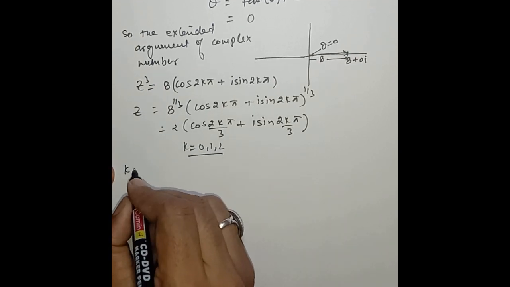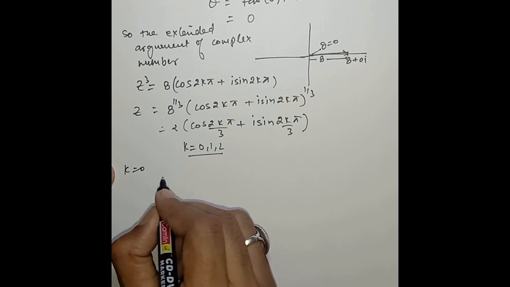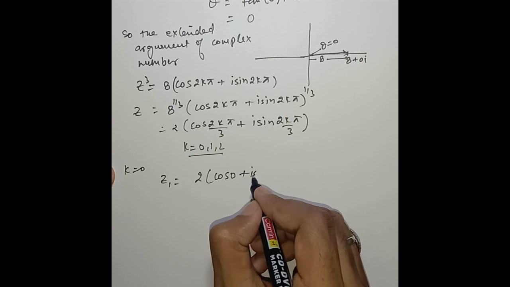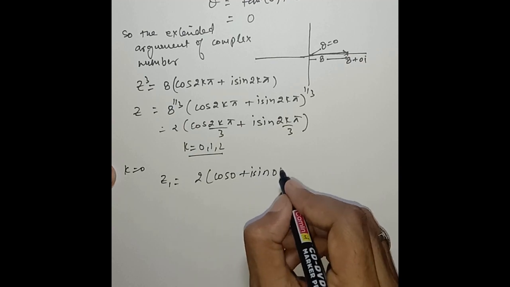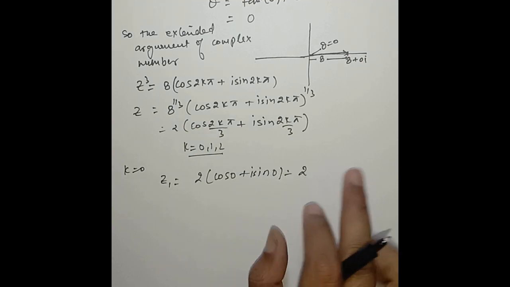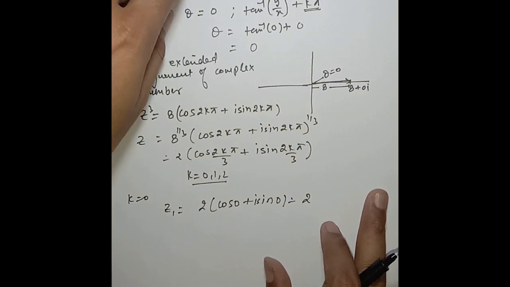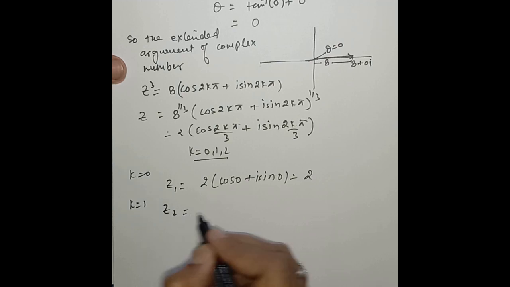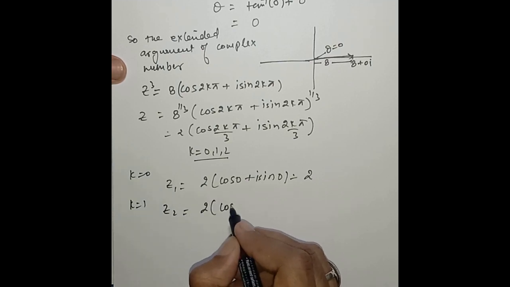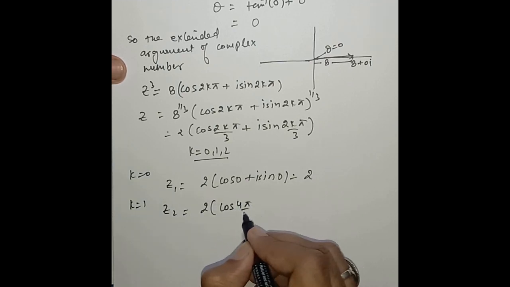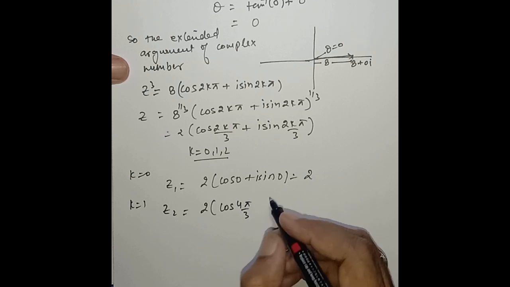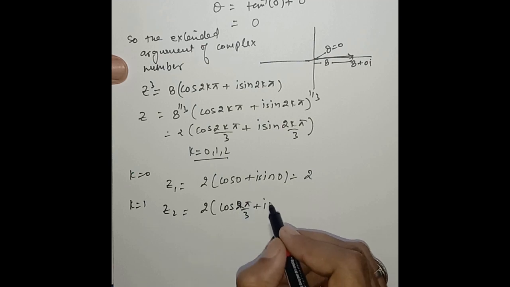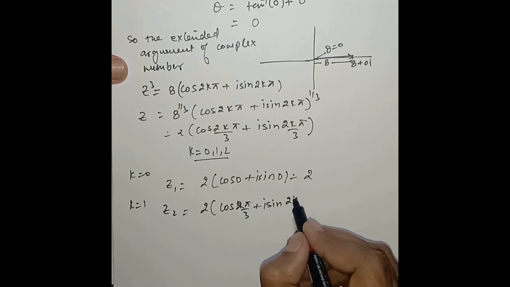So for k equal to 0, z1 is equal to 2 times (cos 0 plus i sin 0). This is equal to 2, and 2 always satisfies this equation. Now k equal to 1: z2 is equal to 2 times (cos 2π/3 plus i sin 2π/3).